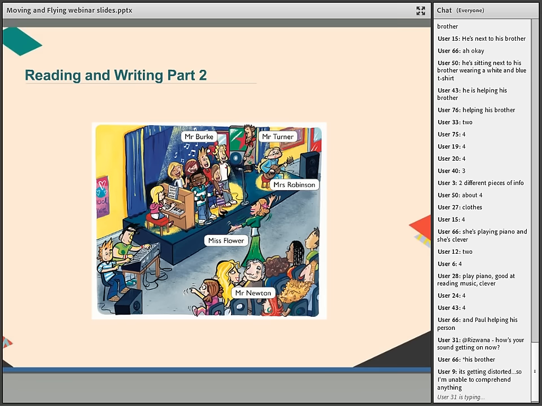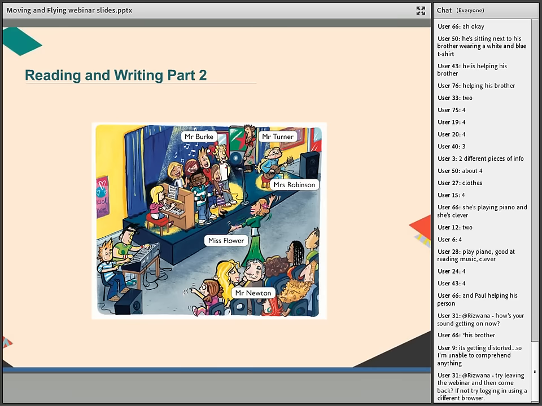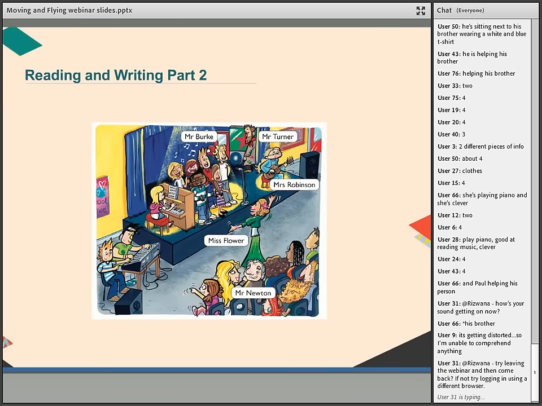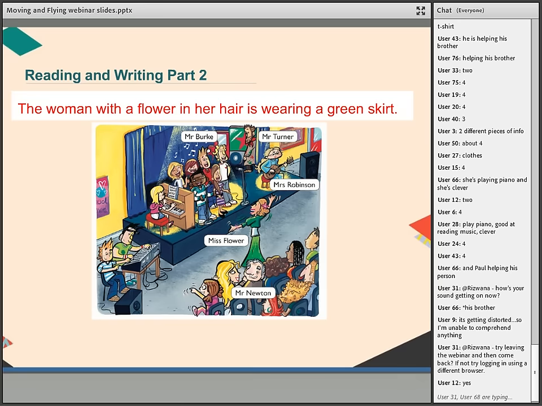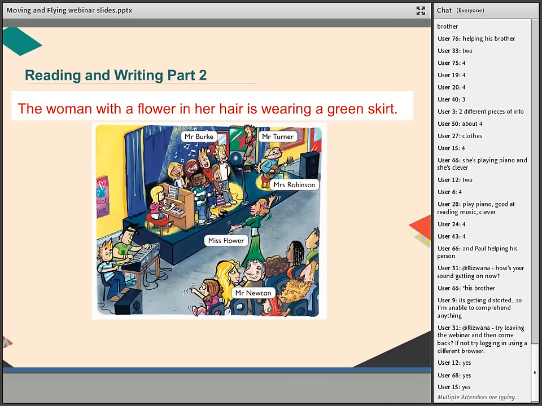We can practice this using a picture like this one in several ways. First, very simply, we can give students sentences of the kind that they would get in the Movers test and ask them to say, is this a yes or a no sentence? So the woman with a flower in her hair is wearing a green skirt. This is a yes sentence.